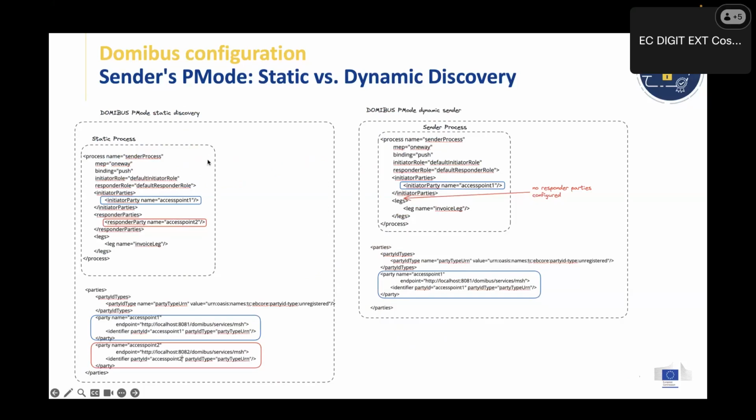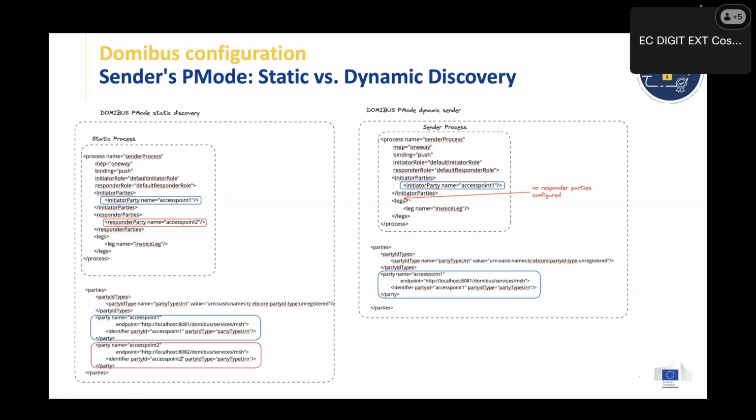Okay, now I will present the configuration of the PMode, and I will do a comparison between static and dynamic discovery. For the static process, I think you are more familiar with it. All the parties, so initiator parties and responder parties, must be pre-configured in advance.